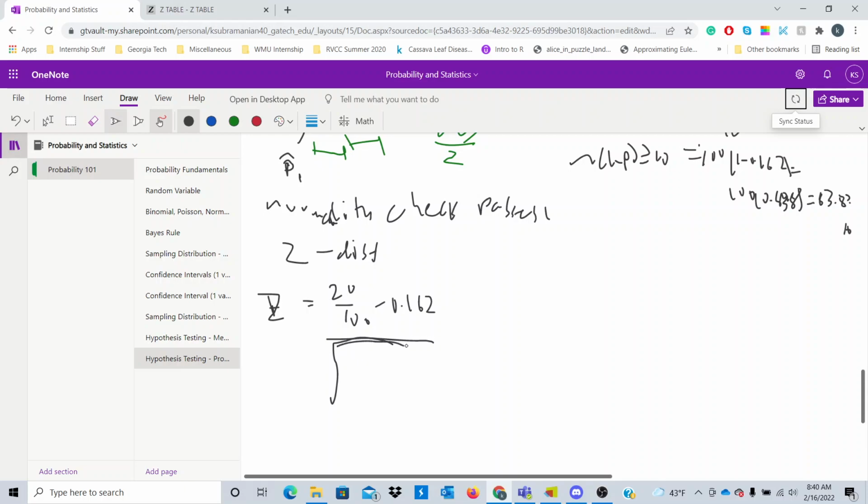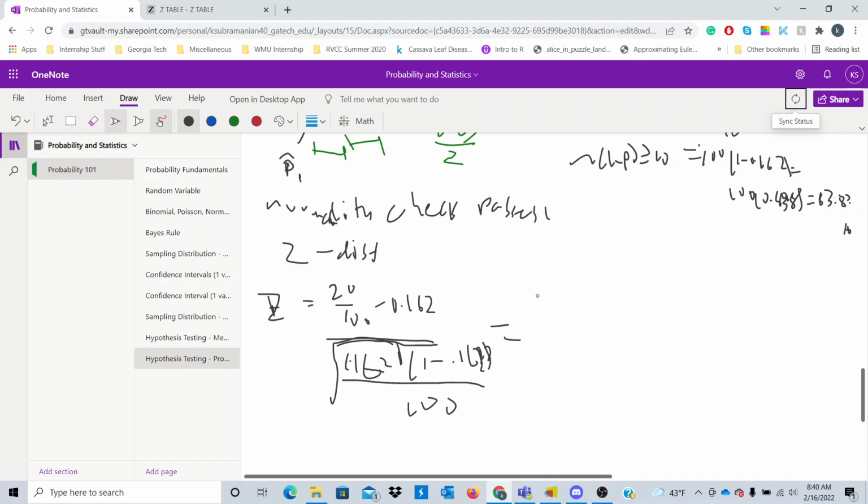Well, we know that our center is 0.162 because we're assuming that the null hypothesis is true in this world. So our standard deviation will be the square root of 0.162 times 1 minus 0.162 over 100, right?